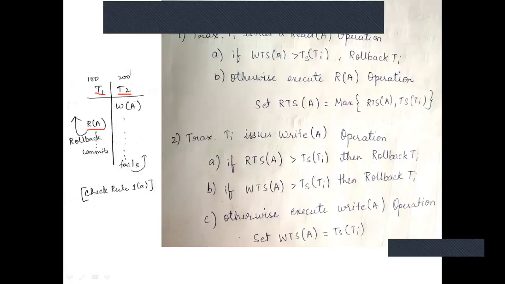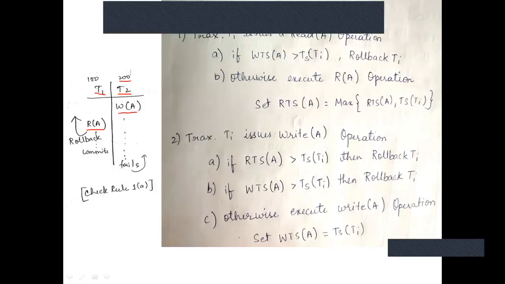What do we mean by this? Since T2 is performing W of A, that is a write operation, its value will be 200 by default. 200 is greater than 100, that is TS of T1. Yes, so we will roll back this T1.